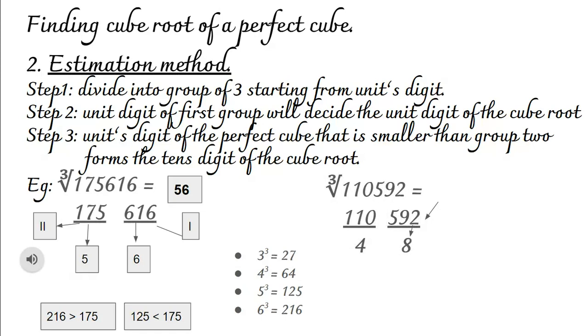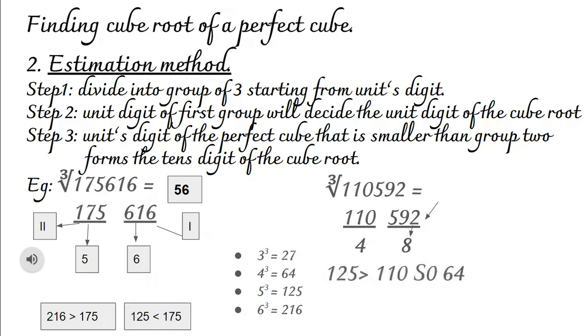What is step 3? It focuses on group 2, isn't it? We have to focus only on group 2. What is group 2 here? The number is 110. So we need to find the perfect cube of the number that is equal to or less than 110. So here you can see that 3 cube is 27, 4 cube is 64, 5 cube is 125. So 125 is greater than 110, isn't it?